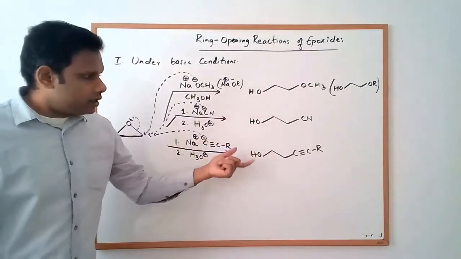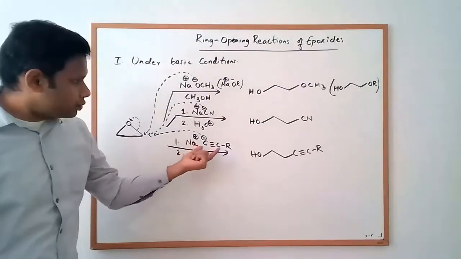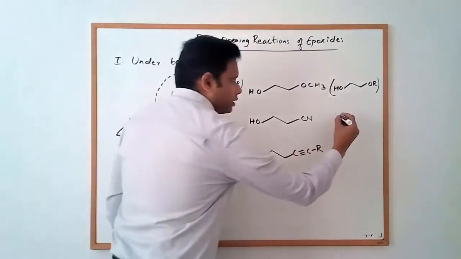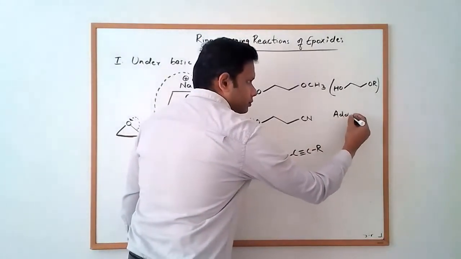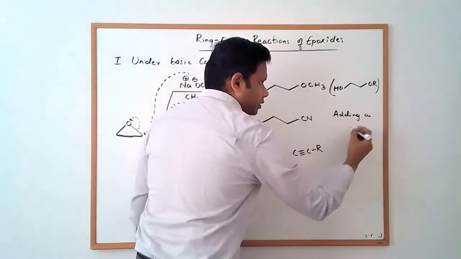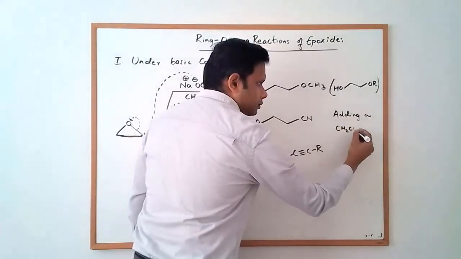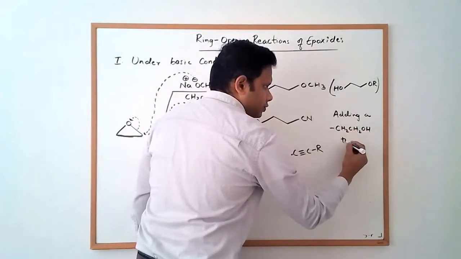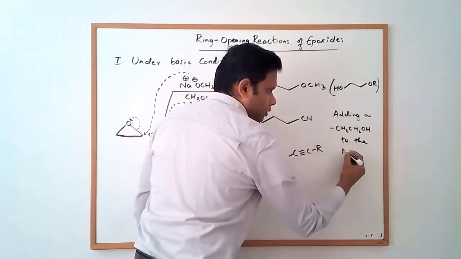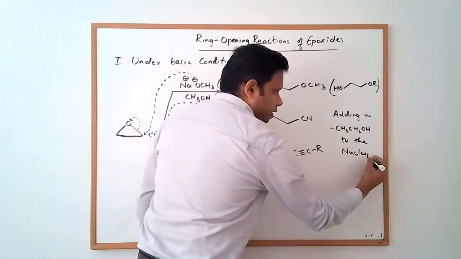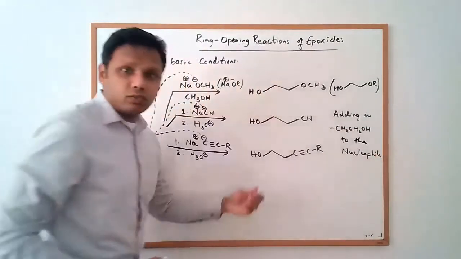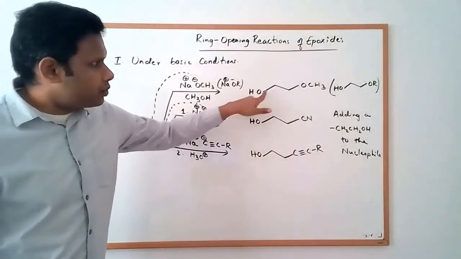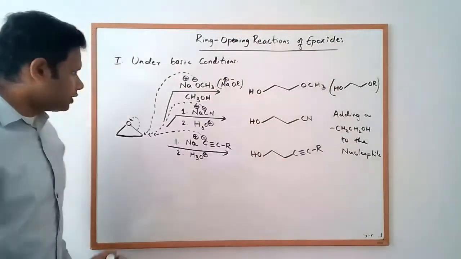So if you look at it, in some sense, what we're adding to our nucleophile, okay? What we're adding to our nucleophile is adding a CH2, OH to the nucleophile. That's what we're doing here. We are adding a CH2, OH to every nucleophile that we are using here.